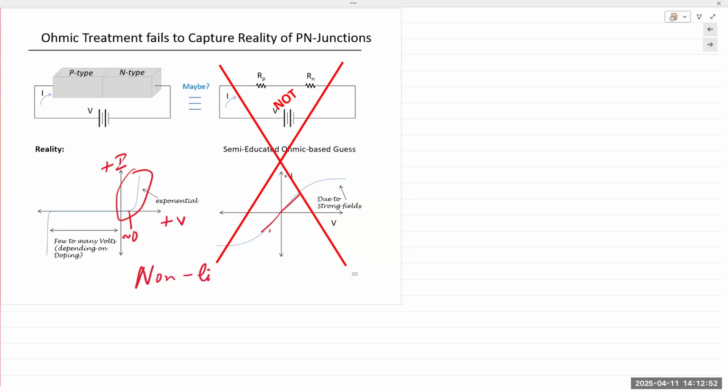Hence, these devices are non-linear devices. On the other side, if negative voltage was applied, minus V and minus I, there was absolutely no current flow for a long range.